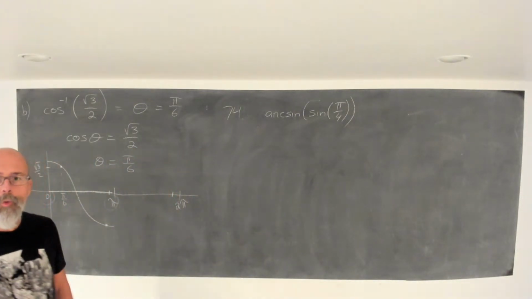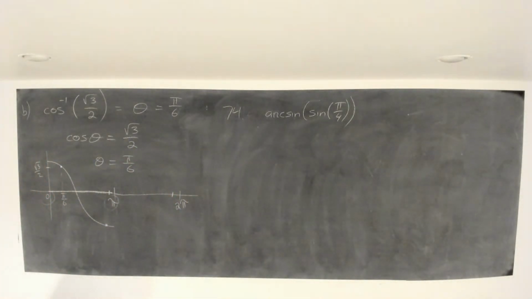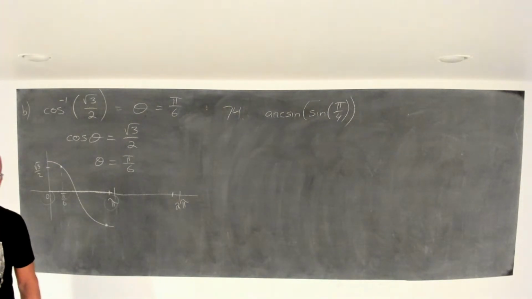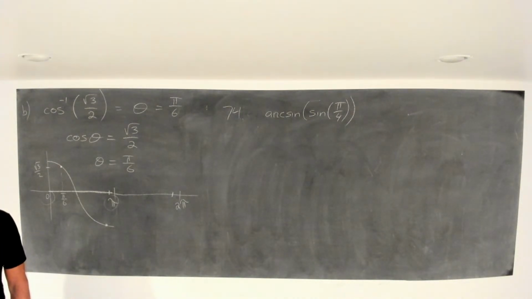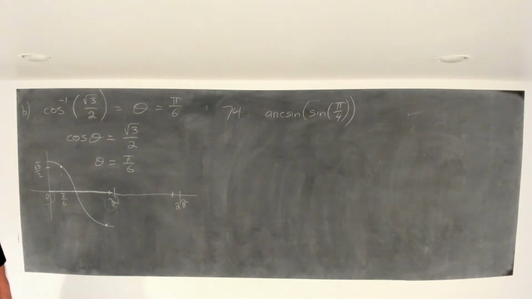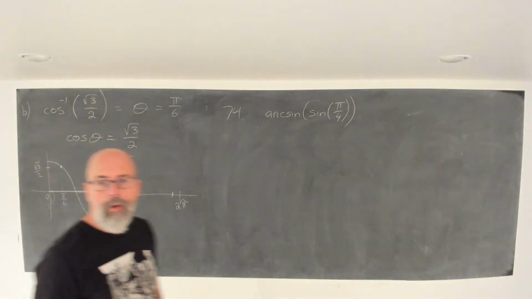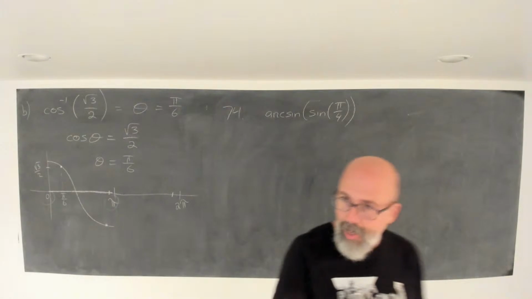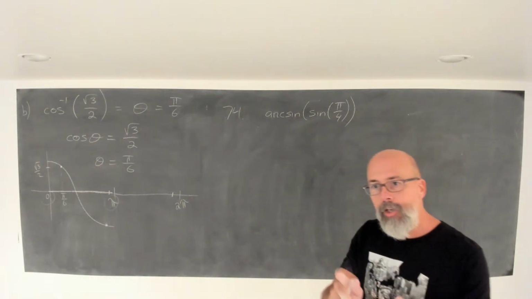Is there any situation where you would change the restriction? Yes. Do you need to state the restriction? No. If you did pi to 2 pi instead, well, exactly. But here's the thing.